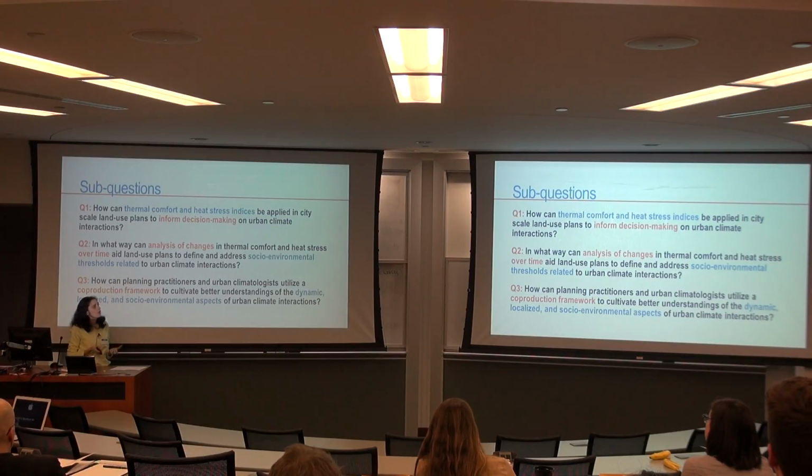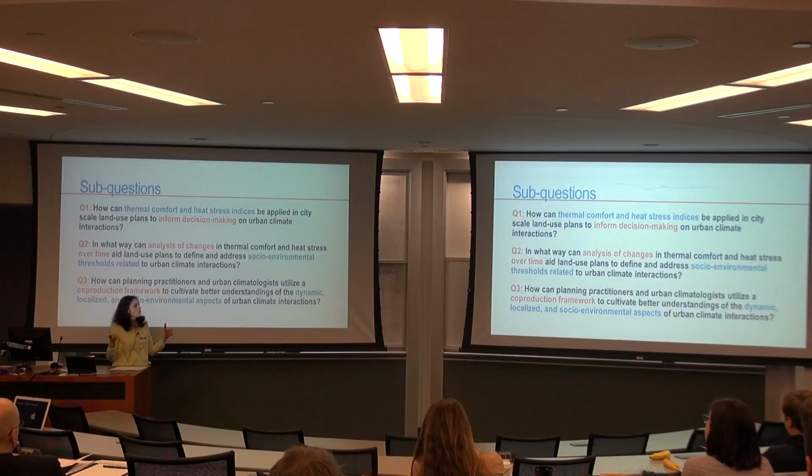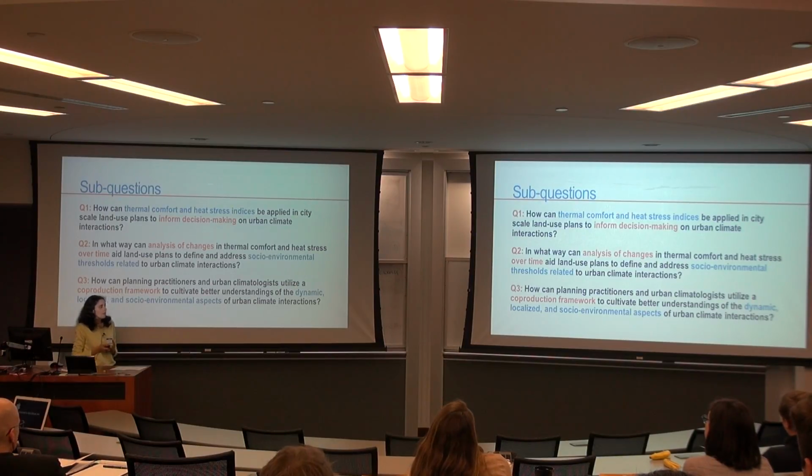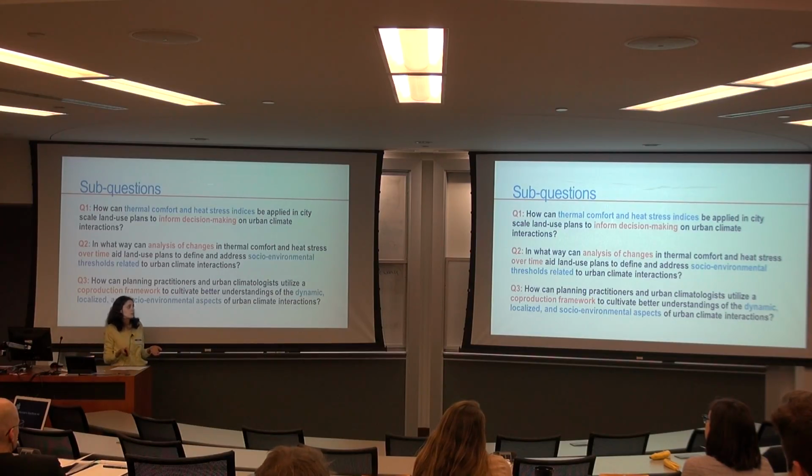Secondly, in what ways can the analysis of change over time in thermal comfort and heat stress aid land use plans to actually define social environmental thresholds related to these interactions? And finally, how can planning practitioners and climatologists utilize a co-production framework to cultivate better understandings of dynamic, localized, and social environmental aspects of urban climate interactions?